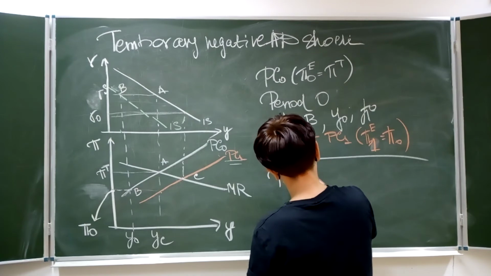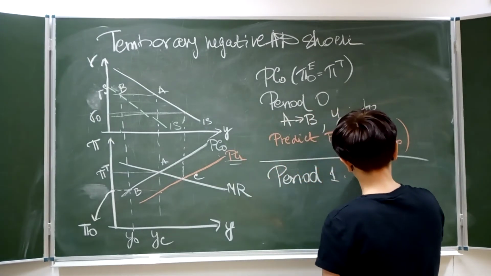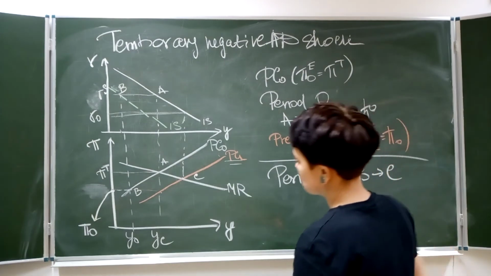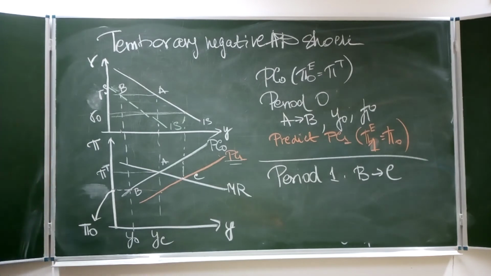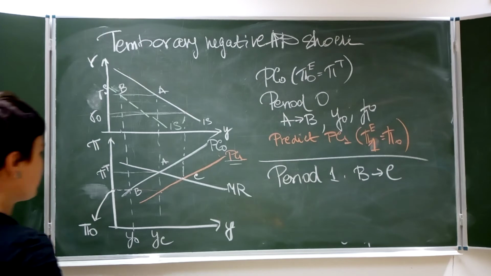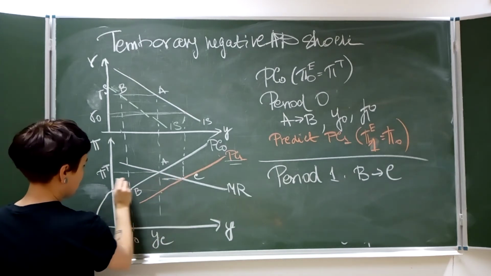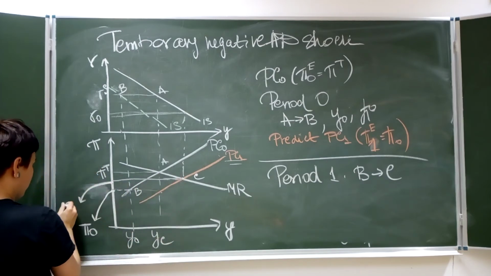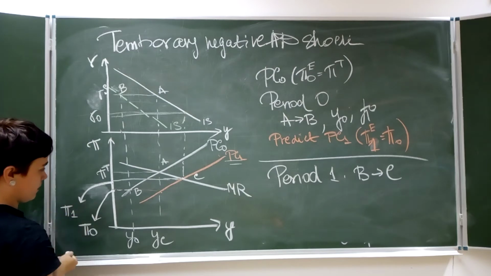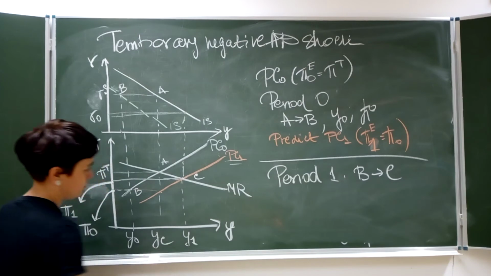In period 1, economy actually moves from B to C. So this interest rate finally works because there was one period lag, as you remember. So we will end up this period with pi1 and level of output Y1.